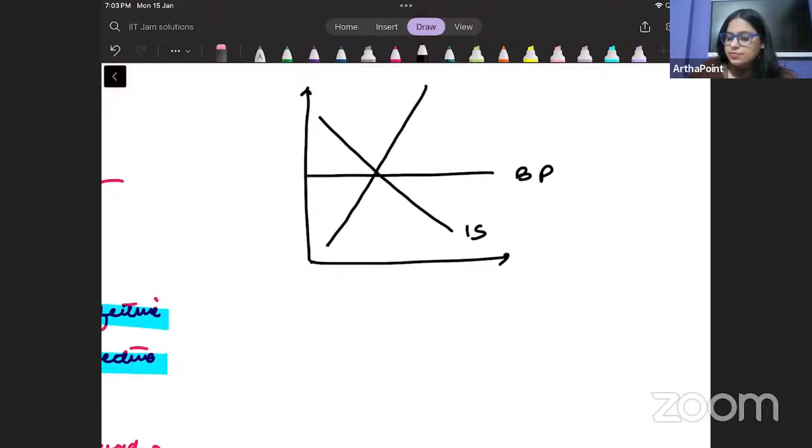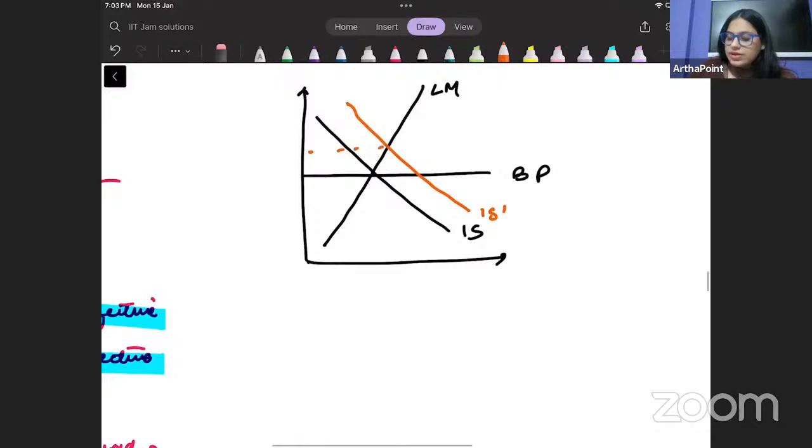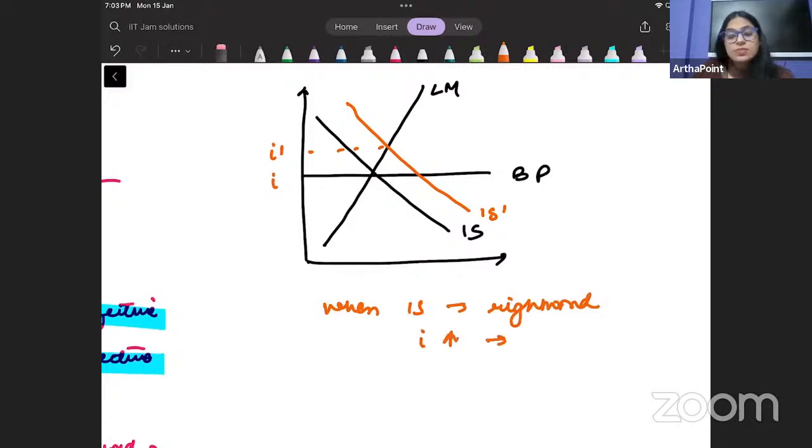Now there is expansionary fiscal policy, which means the IS curve will shift rightwards, beta. So your interest rate will increase. When your interest rate increases, you are giving more interest, so there will be inflow of capital. Everyone wants to invest in your country.